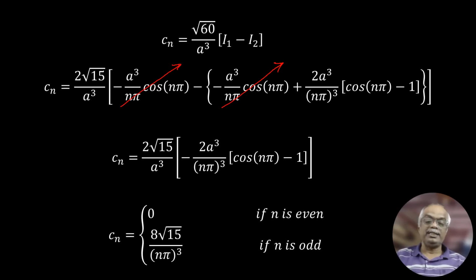And here a³ will get cancelled, so the only term left is (nπ) whole power 3 if n is odd, because if n is odd, this term will become minus 2. If n is even, this will be 1 minus 1, which will be 0. So this is the expansion coefficient.